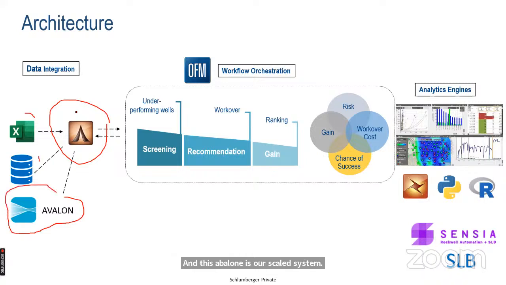So you can connect this to Opposite, and then you connect to OFM, and then OFM can do the screening for your wells. It can do recommendations for workover, and then it will calculate the gain of oil, and then how much you can minimize the cost and optimize the production. Also, it will give you all the risks. So this is what we call the workflow, right?